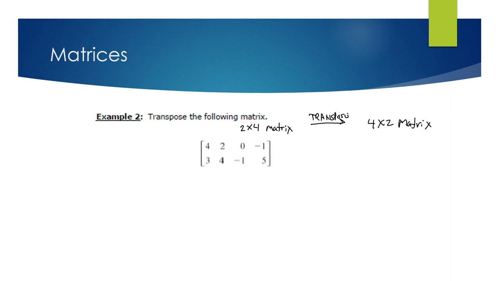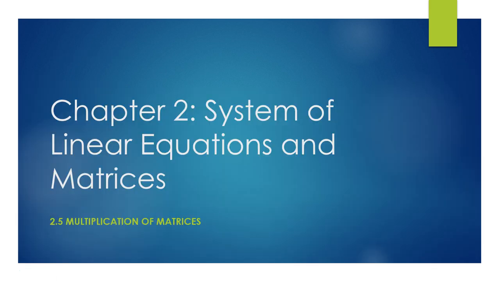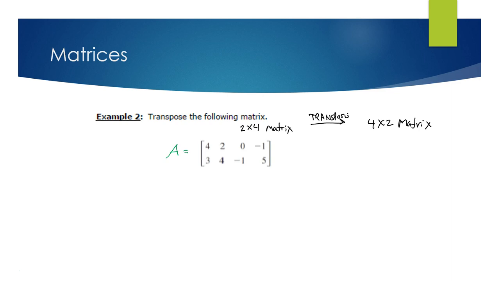Okay, so if I let this matrix be, say, matrix A, then A superscript T, well, row 1 is going to become column 1, so it's now going to be 4, 2, 0, -1, and row 2 is now going to become column 2, 3, 4, -1, 5.